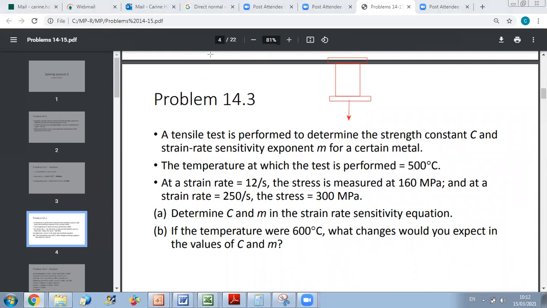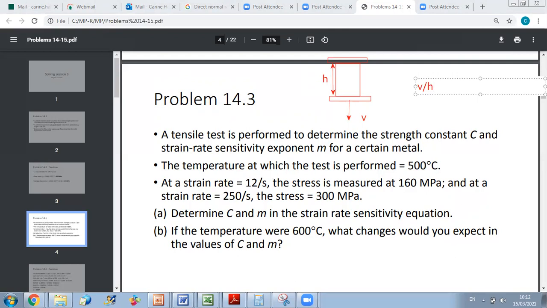Then I can calculate at each instant the strain rate as the velocity over the height of the specimen, V over H. So if this is V and this is H, the strain rate is calculated as V over H. In a certain operation, we might vary the velocity. So if you want to increase the strain rate, we should increase the velocity of displacement during the tensile test.